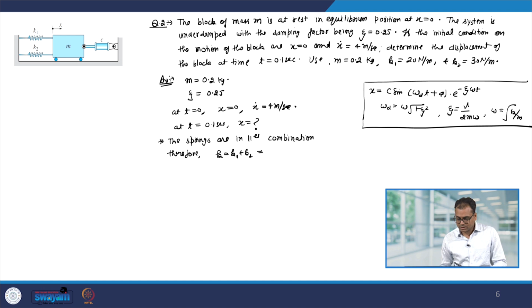Now, k1 is 20 and k2 is 30. So, therefore, k will be 50 Newton per meter.